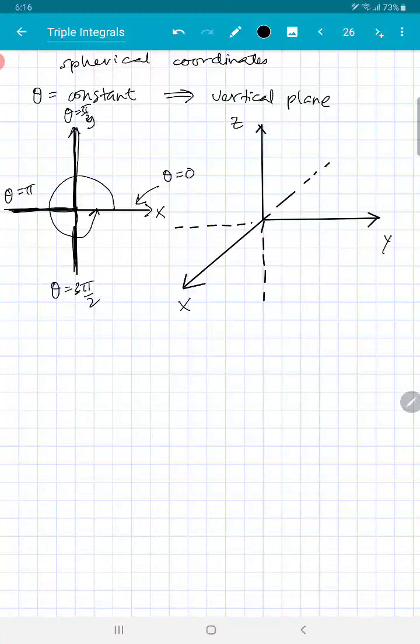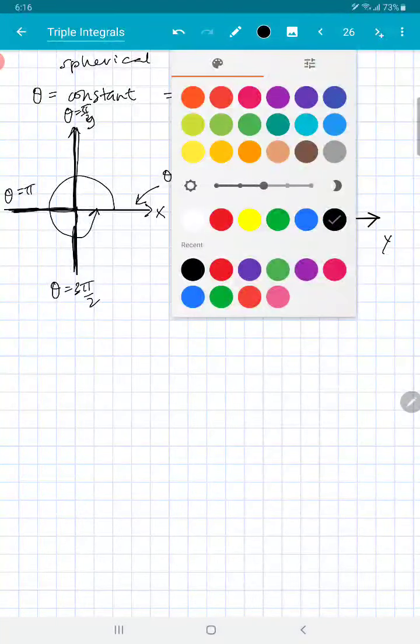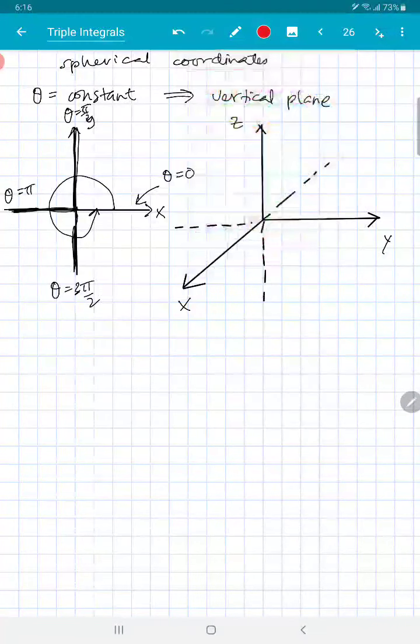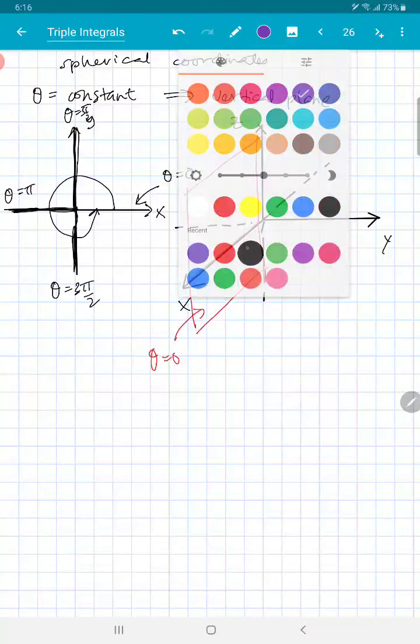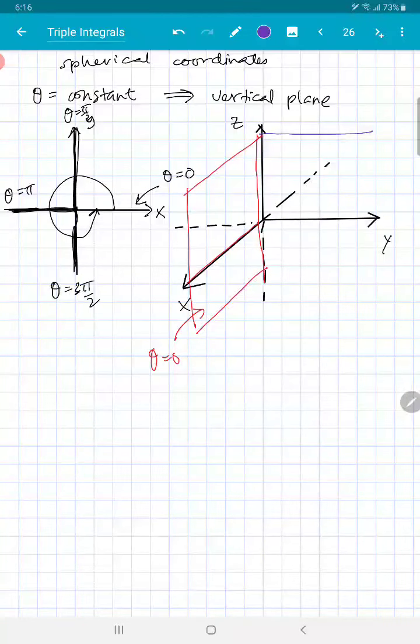Okay, so now let's do that in 3D xyz space. We still start with the positive x-axis, this here. So in 3D we would have a vertical plane. This is theta equals 0, and here on the positive y-axis, this is theta equals pi over 2.